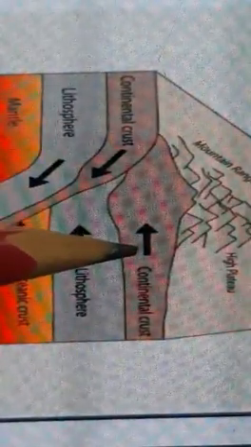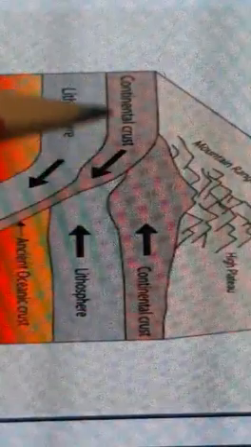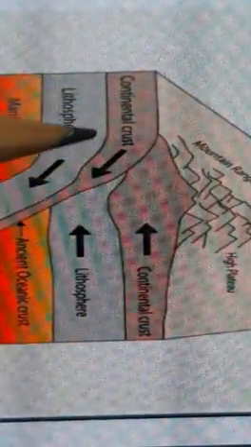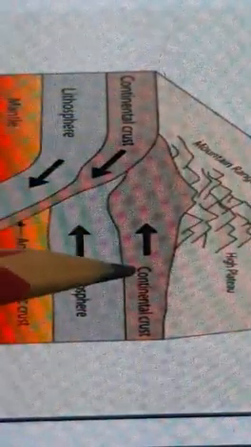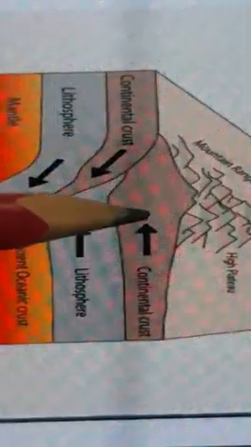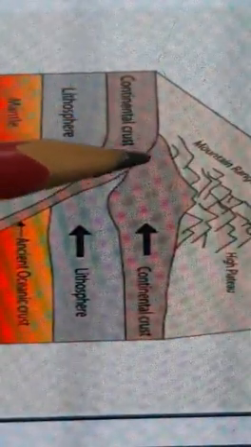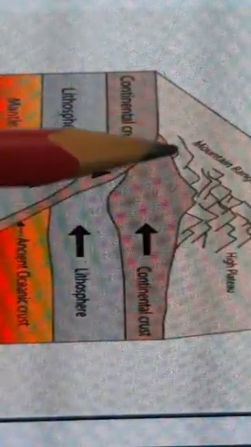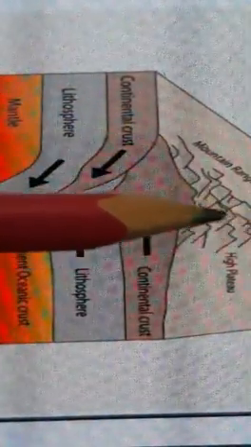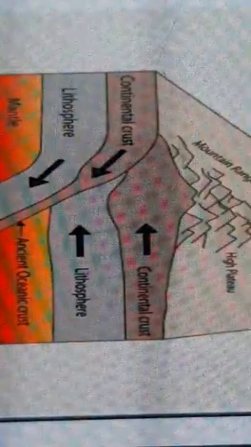The heavier plate sinks below the lighter plate, and there is a shrinking of the material and a formation of folded mountains.